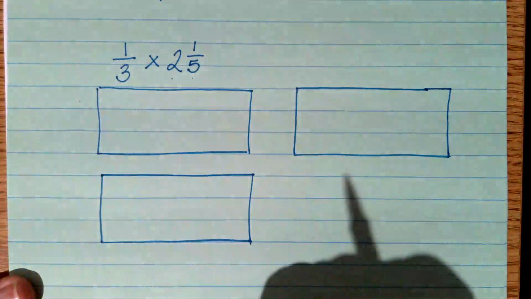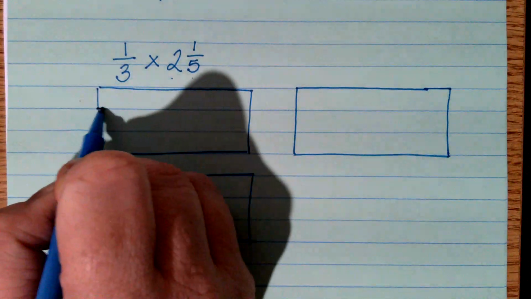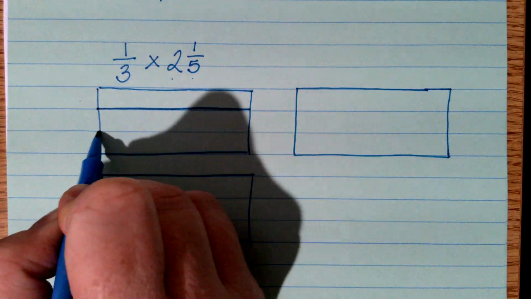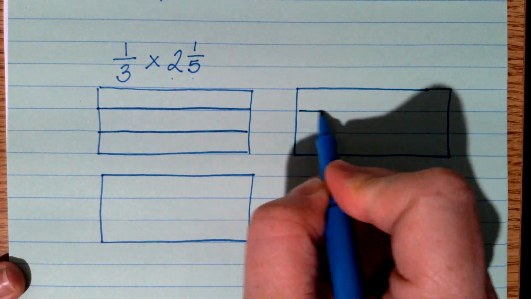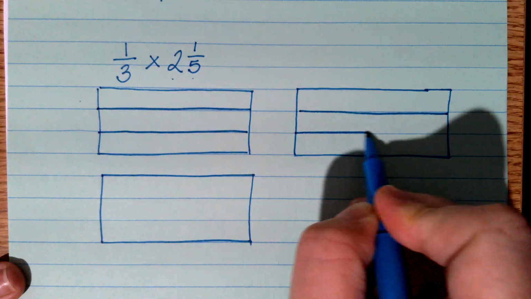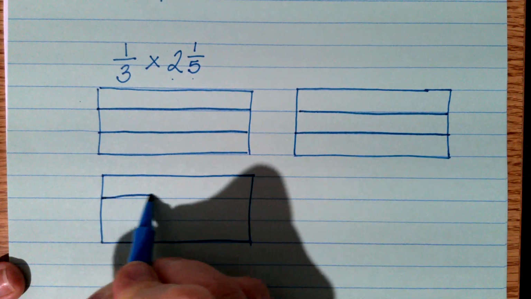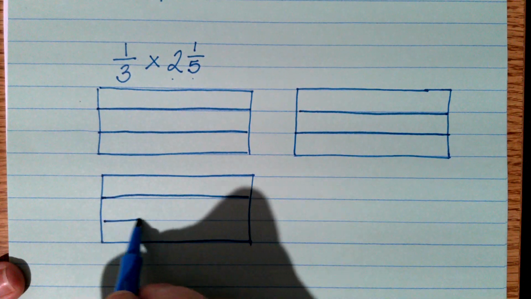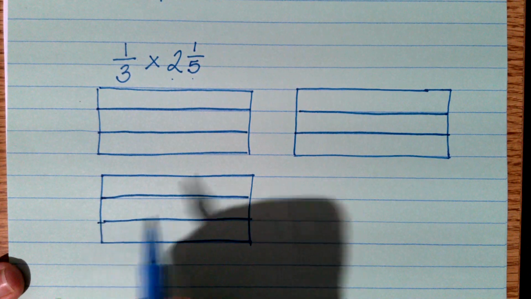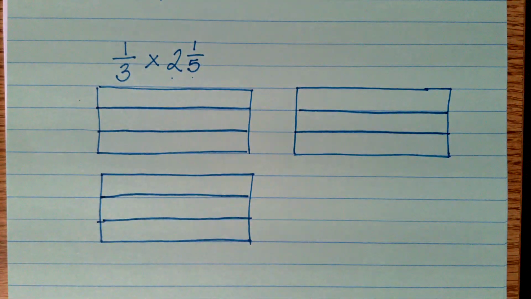And because I'm working with thirds first, I'm going to divide each section into thirds. Think about how many thirds I'm actually going to color in.